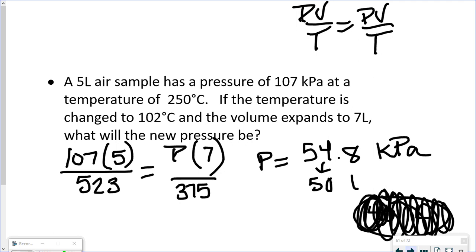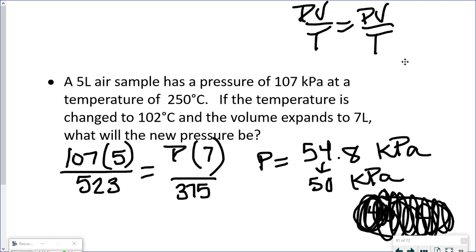Make sure to practice these whenever you're doing the posted combined gas law practice. You can use this combined gas law to solve all of these gas law problems. But if you're not given a variable, you simply ignore it.